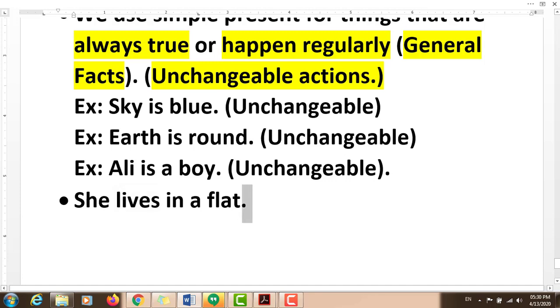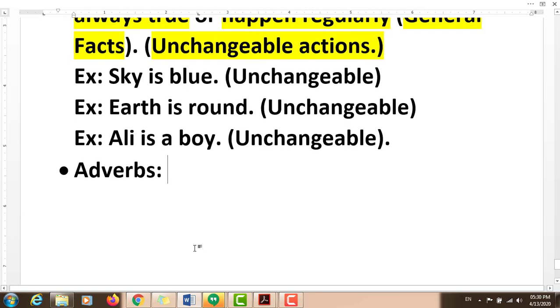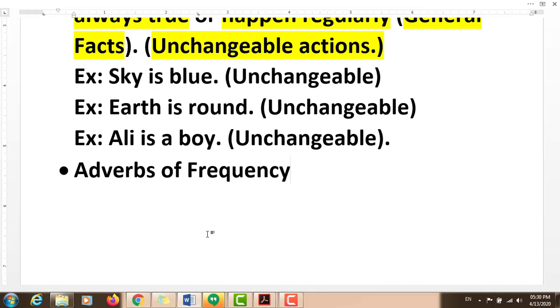Okay, so these are the rules for third person. Now, for simple present, for the things with repeated actions and all, we have something by the name of adverbs of frequency. Adverbs of what? Frequency. Yeah.